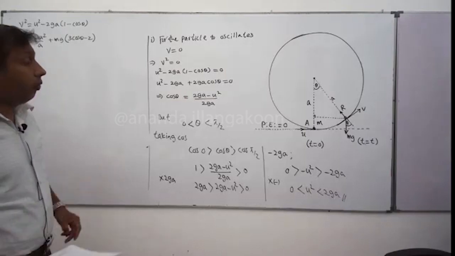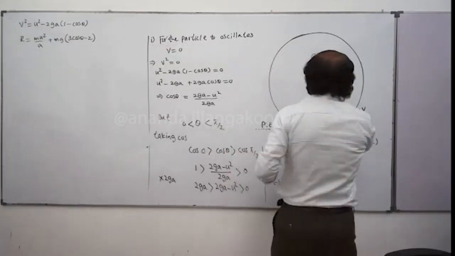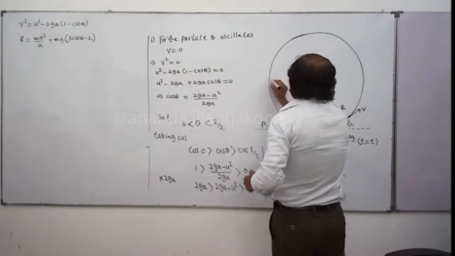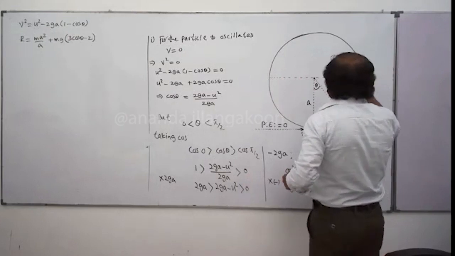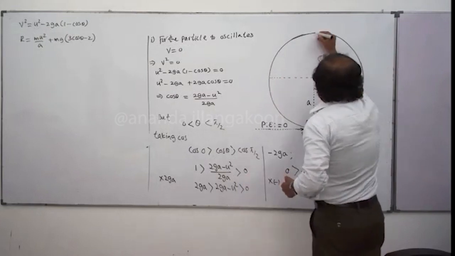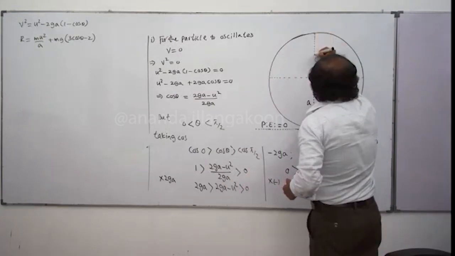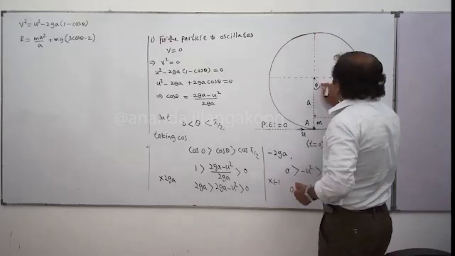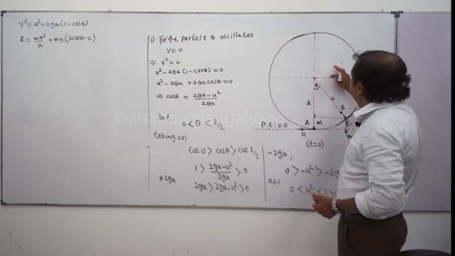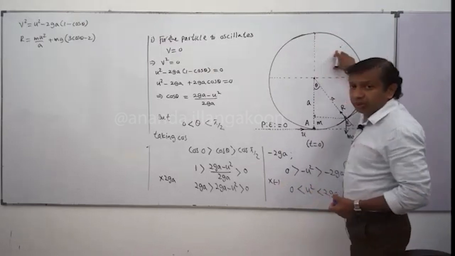Now, when the particle leaves the circular surface, we know from the earlier theory that this can happen after this point, before this point. That means in terms of theta, theta is greater than 90 and less than 180. In that interval of theta only, this can happen.